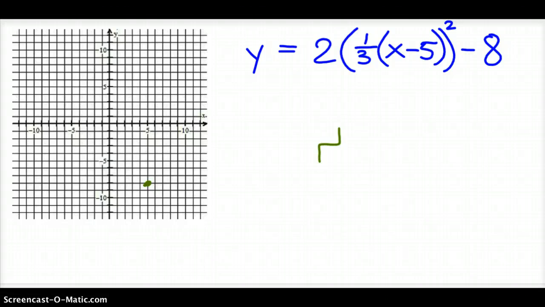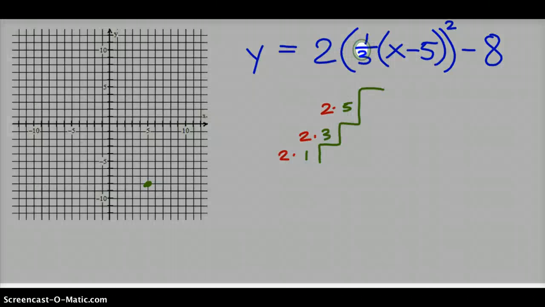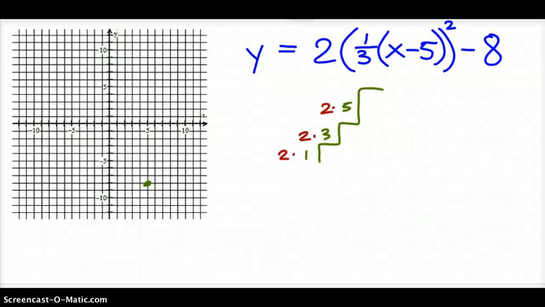So the up, the 1, 3, 5 is going to be multiplied by 2. And the over every time is going to be the reciprocal of b. Remember, this is b. Reciprocal of that is going to be 3. So your over every time is going to be 3.